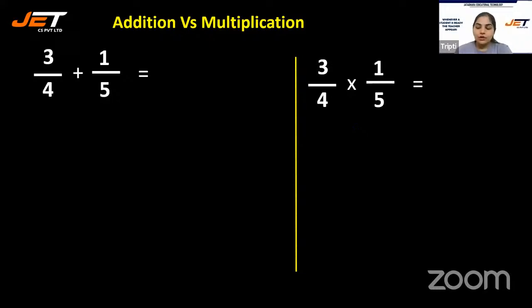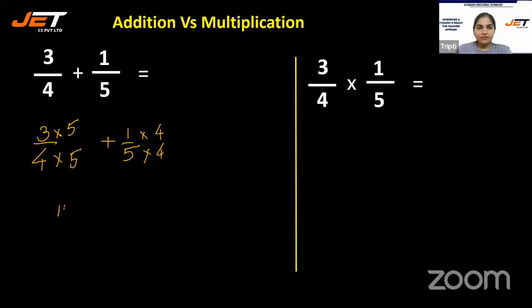Okay, so I hope it's done. 3 by 4 plus 1 by 5. So multiplying the first fraction with the denominator of the second fraction, multiplying the second fraction with the denominator of the first fraction.